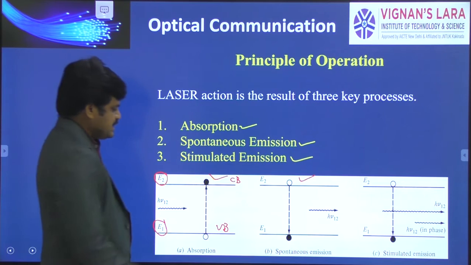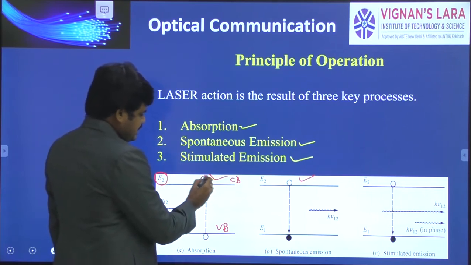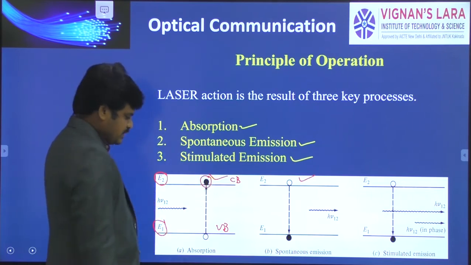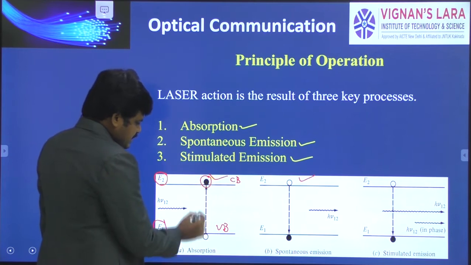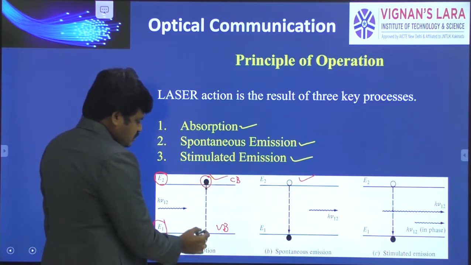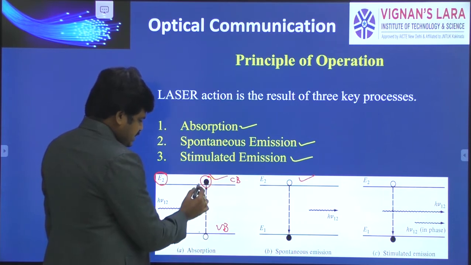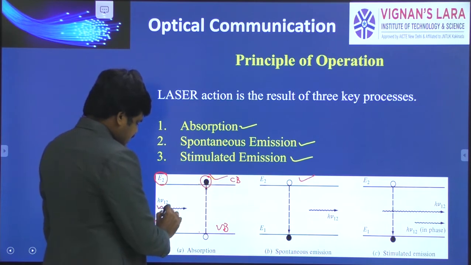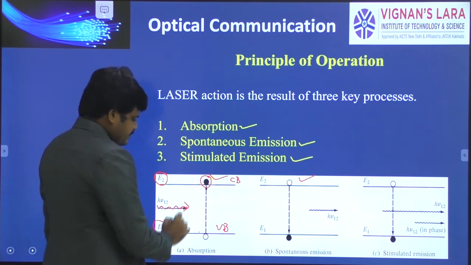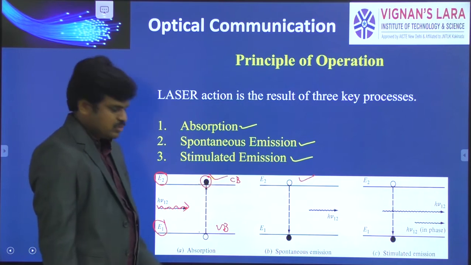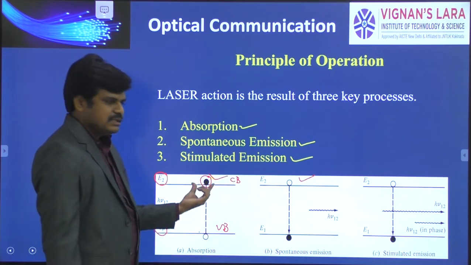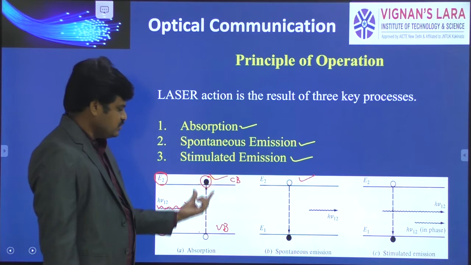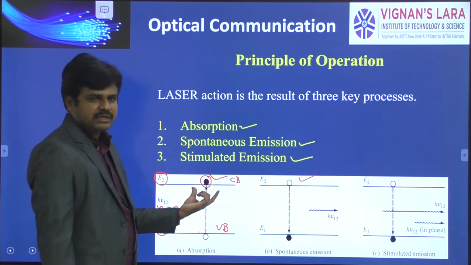To go from energy state E1 to energy state E2, the electron needs certain external energy.